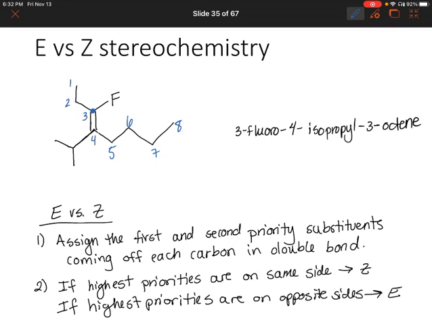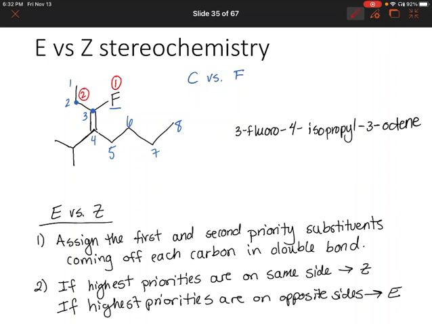So it's bonded to a carbon and a fluorine. In a competition between carbon and fluorine, which one is heavier? Fluorine. Fluorine has a higher atomic mass, so that will have priority 1, and then the carbon in the ethyl group has priority 2.